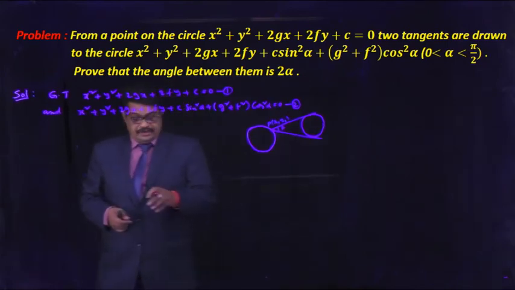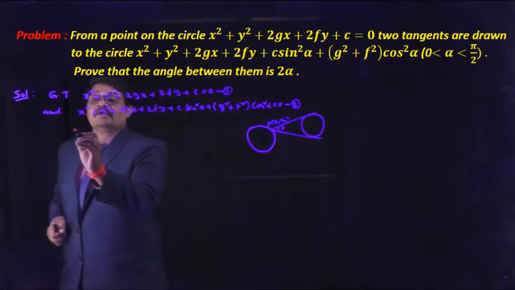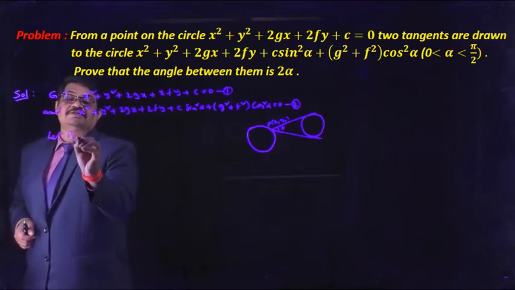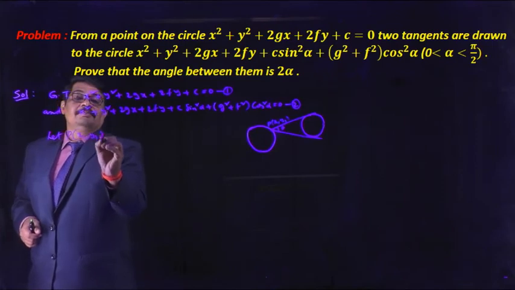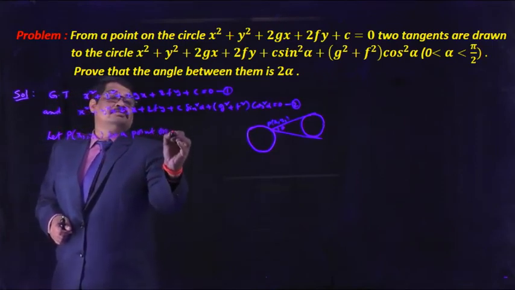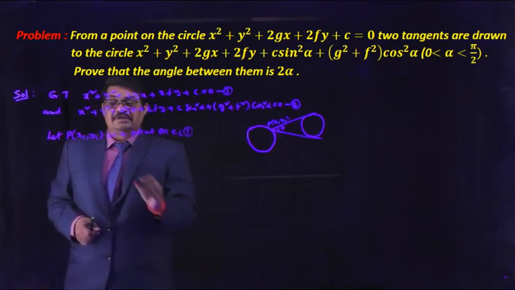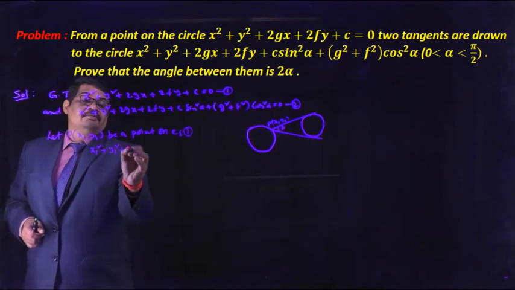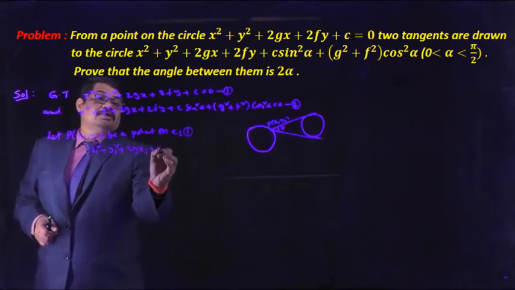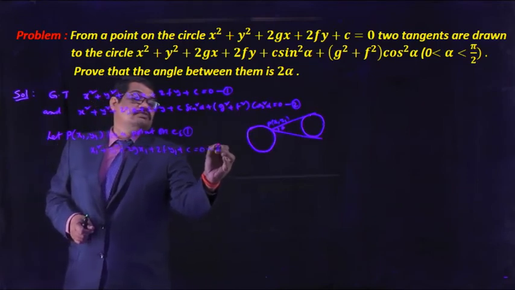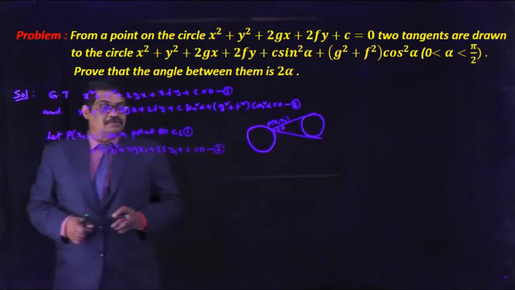So first we have taken the point on the first circle. Let P (x1, y1) be a point on equation 1. That is x1 square plus y1 square plus 2gx1 plus 2fy1 plus c is equal to 0. That is equation 3.